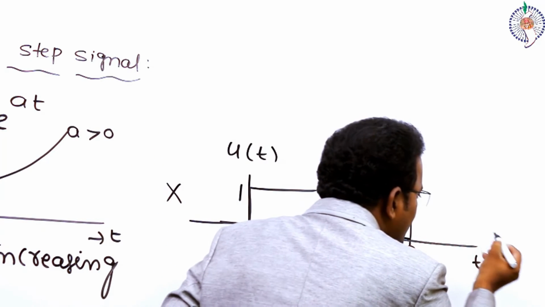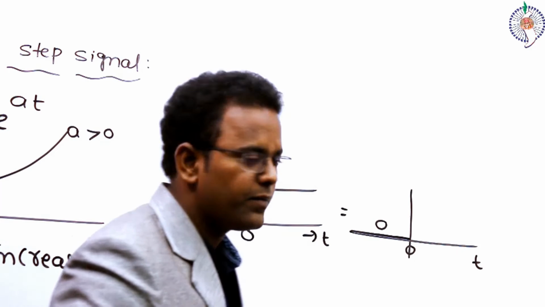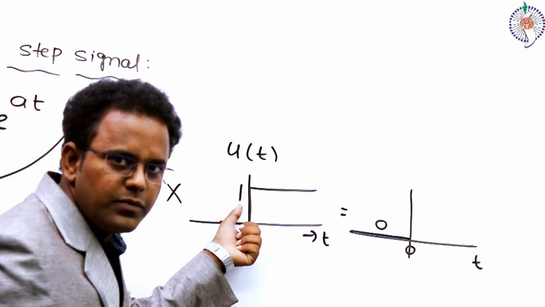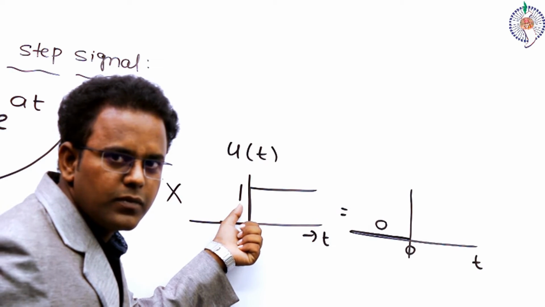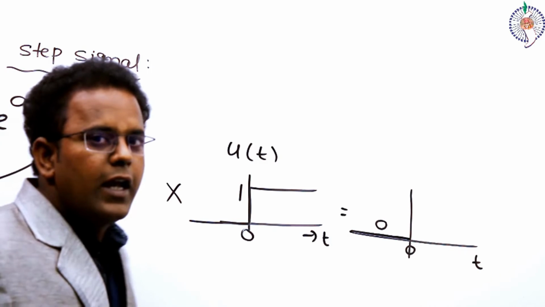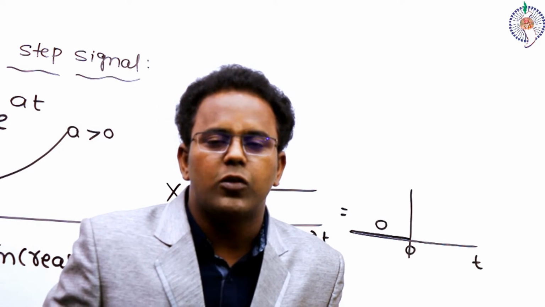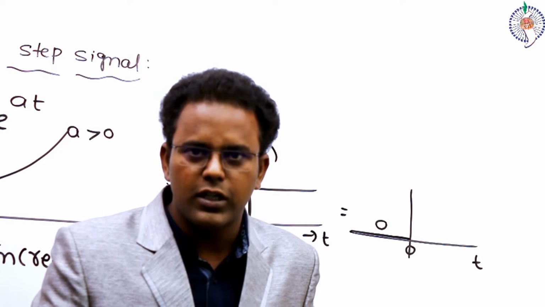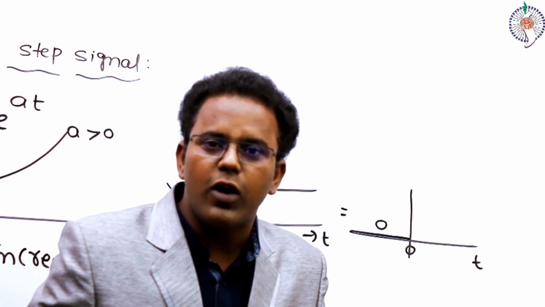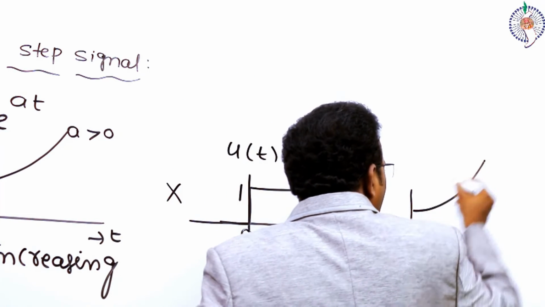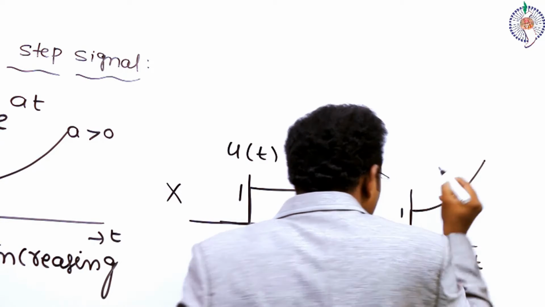What about the right side value? Yes, please see. What is its right side value? 1. And multiplying with some signal, anything multiplying with 1, 1 is the identity number with respect to multiplication. X of t multiplying with 1 is x of t only. So, same variation on the right side.